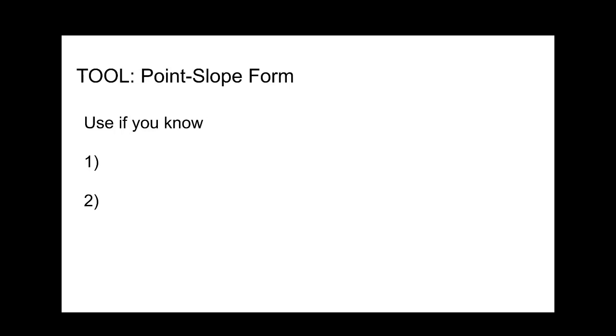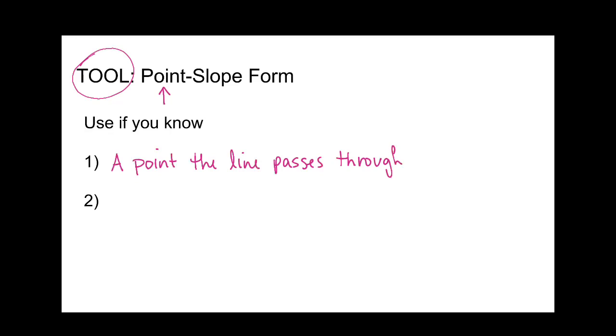Again, our goal is to get slope-intercept form, but you're going to use the tool of point-slope form, which requires you to know a point the line passes through, any point, and the slope of the line. And that's why it's called point-slope form, because you need a point it goes through and the slope of the line.